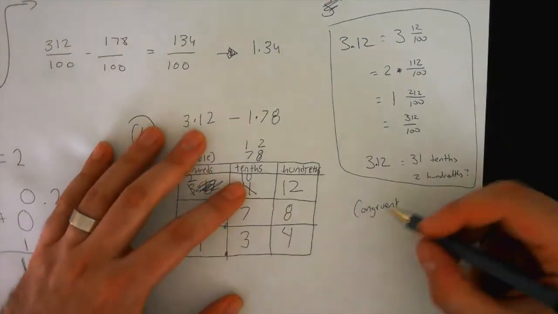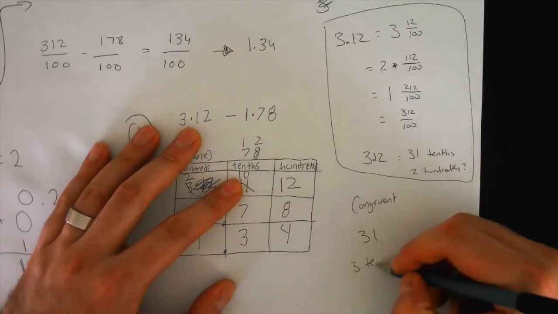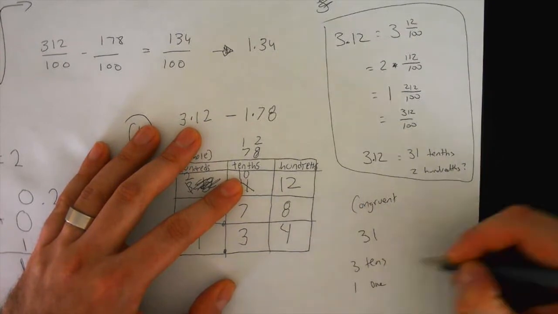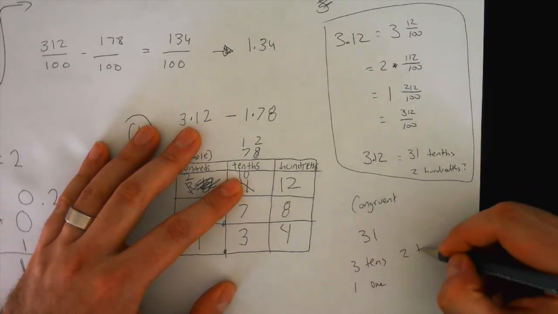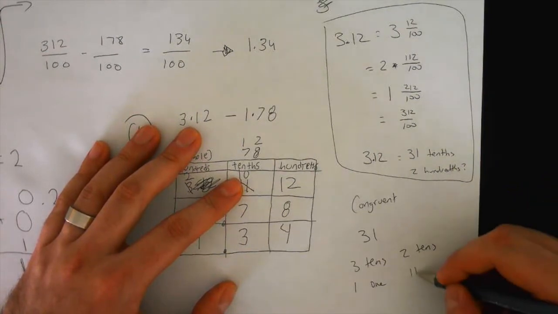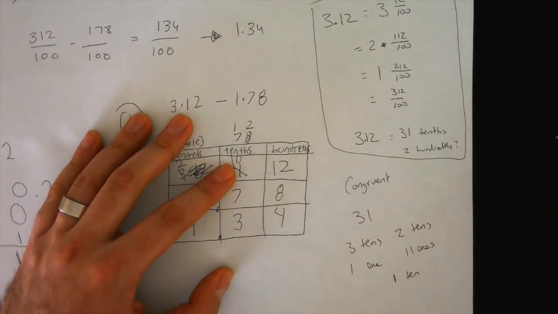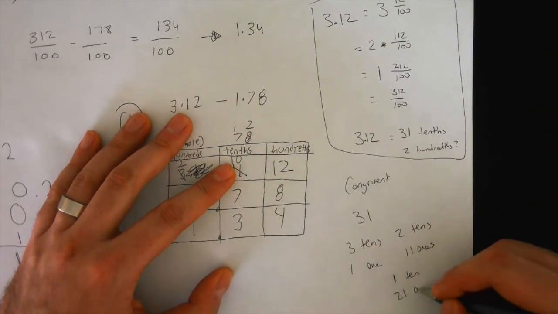It's like saying the number 31 is 3 tens, 1 one. It's like saying it's 2 tens, and how many ones? 11 ones. It's like saying it's 1 ten and how many ones? Ethan? 21 ones.